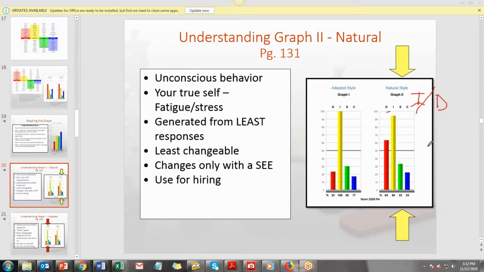Okay, then this is an example of what I'm confused about. The adaptive style, does it have a secondary? All three of those are below the energy line on the adaptive style graph. No, we're looking at the natural style. What does your natural style say? Okay, I thought at one point I heard you say adaptive.